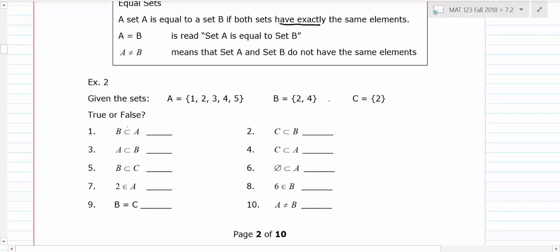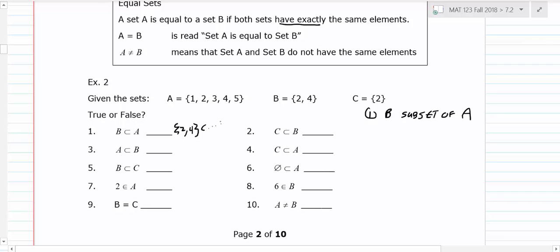First of all, on problem number one, I'm going to write some of this down on the side. You don't have to write all this down unless it's helpful to you. This is just asking, is B a subset of set A? One thing that's sometimes helpful is to write it down. So set B is 2, 4.